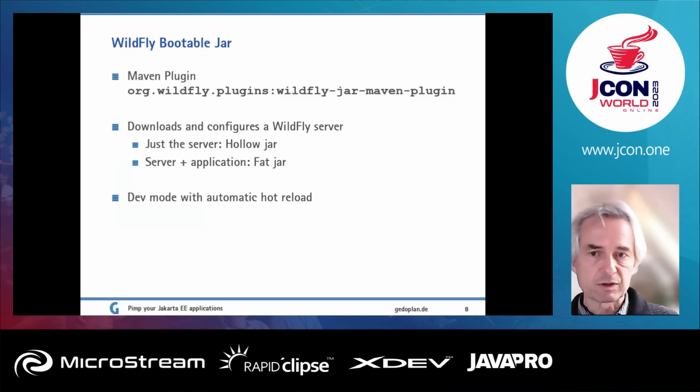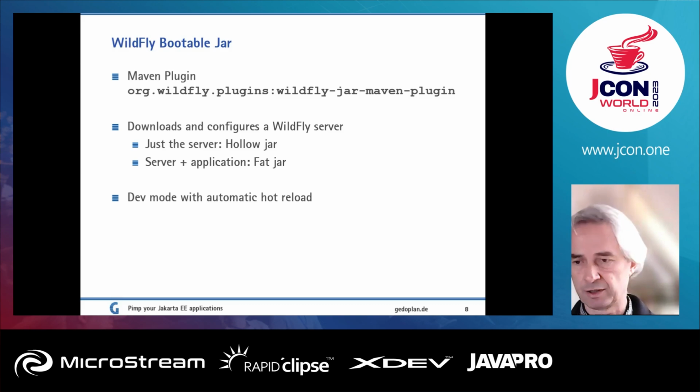For our demo, I used WildFly, and that's a WildFly Bootable Jar. That's a plugin for Maven, and it downloads a server in fractions. You have layers and feature packs that are downloaded like the Maven dependencies, and it builds in the end this hollow jar or the fat jar, so the server plus application.